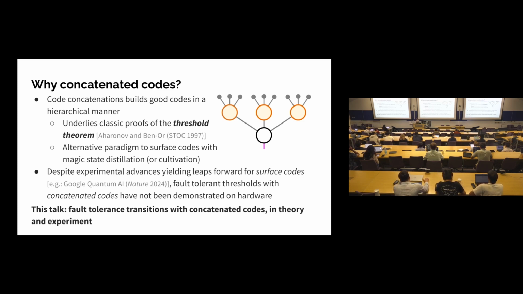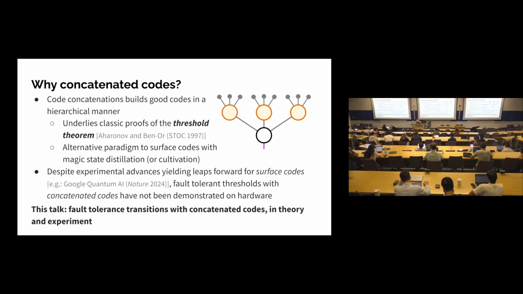You can view it as an alternative paradigm to using surface codes that have magic state distillation, or as we heard yesterday, magic state cultivation. And just to give you a picture of what a concatenated code is, a very simple example is Shor's 9-qubit code, which you can view as concatenating a 3-qubit bit flip repetition code with a 3-qubit phase flip repetition code, as I showed in this figure here.